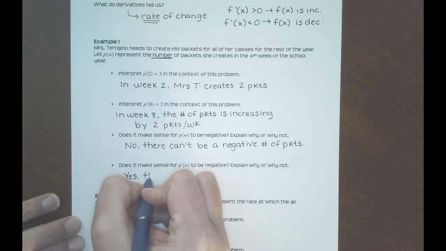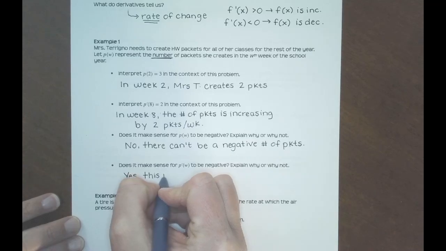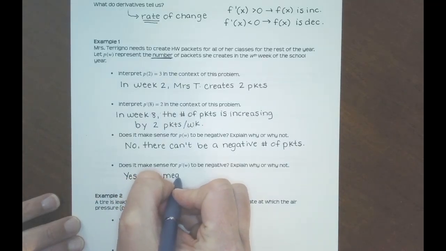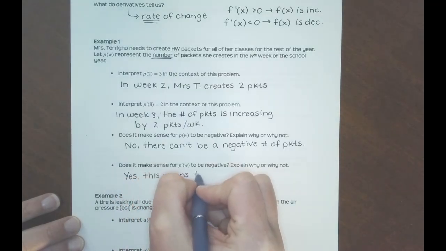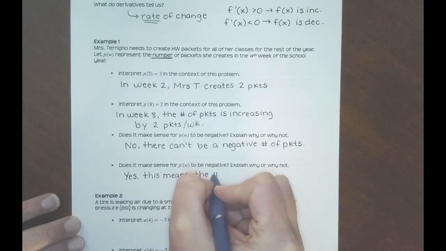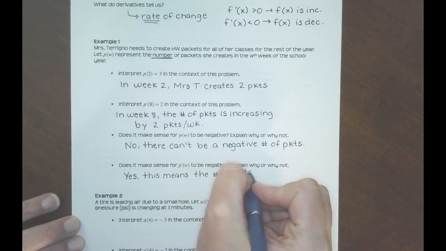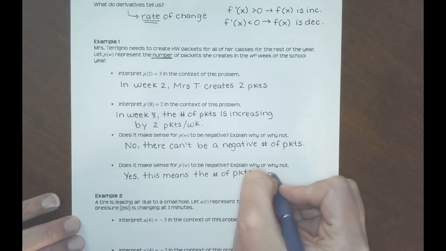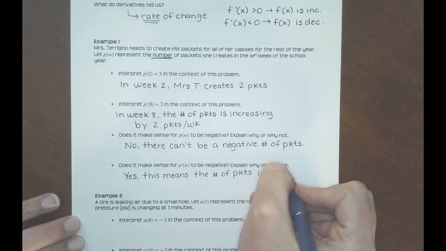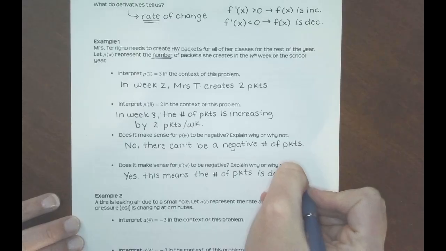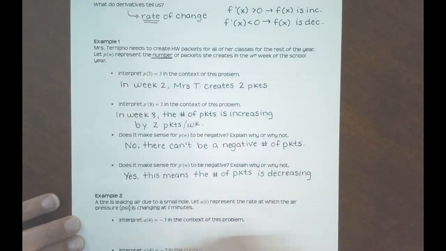And I would say something like, well, this means the number of packets is decreasing by however many per week, whatever that negative number is.